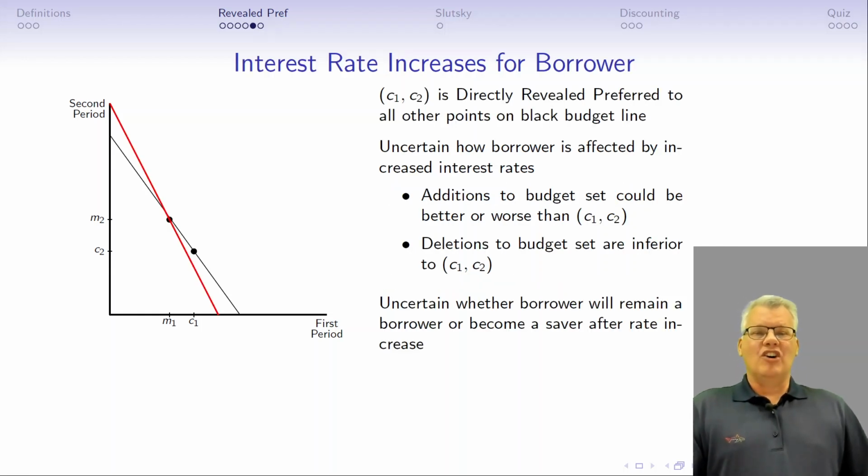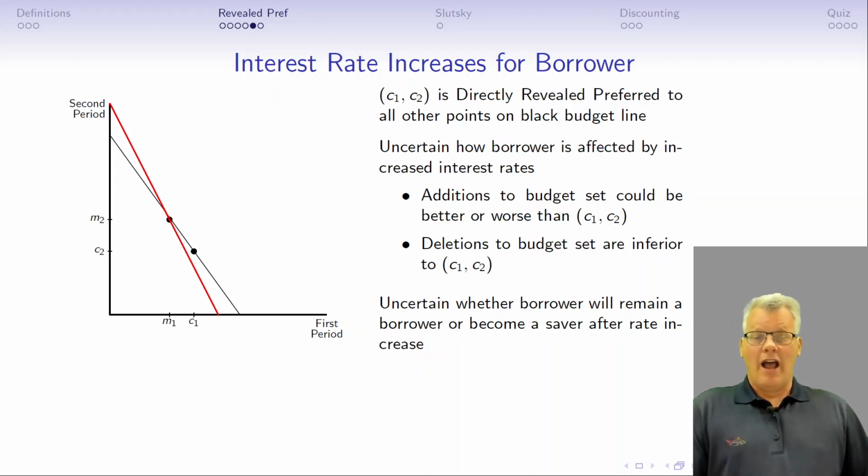Now we consider an interest rate increase for the borrower. So again, we get this clockwise pivoting of the budget line around the endowment point M1, M2. And much like the last slide we considered, there's a great deal of uncertainty in this case. We're uncertain whether the borrower is made better off or worse off by this.